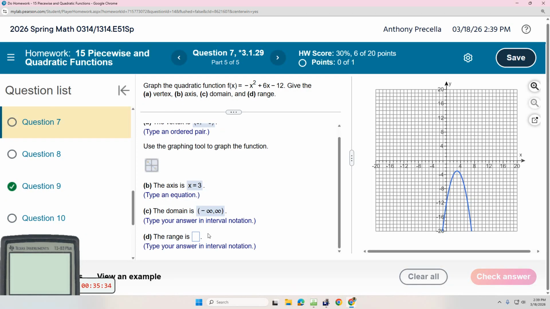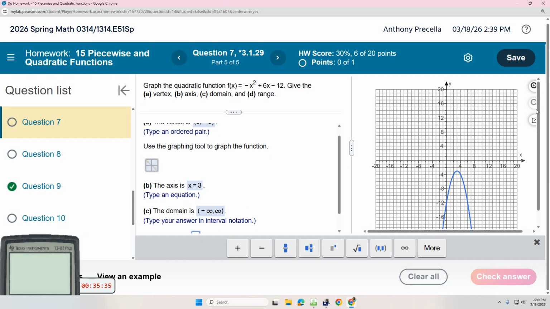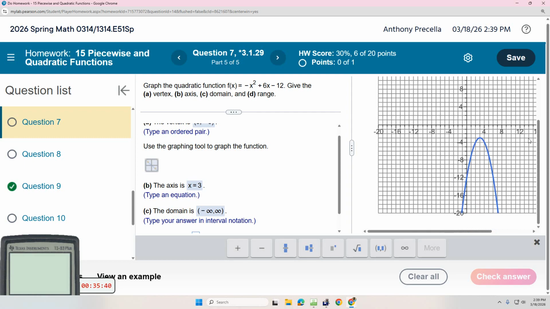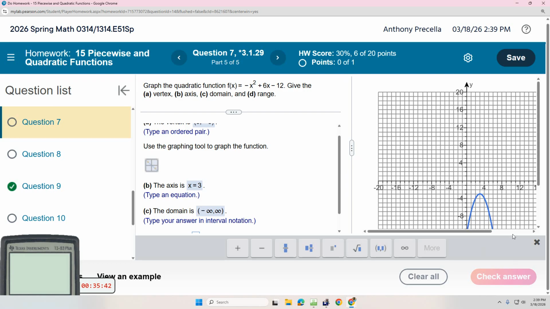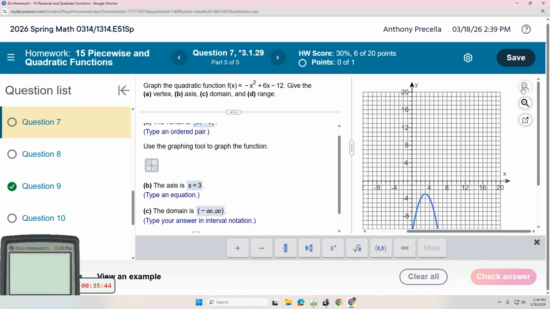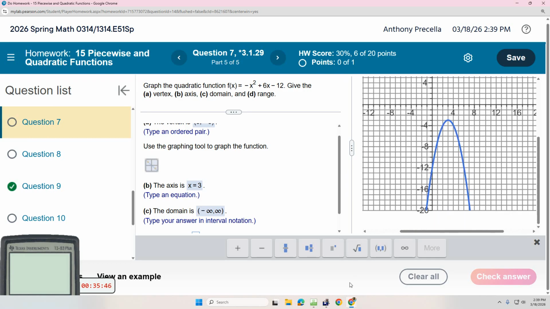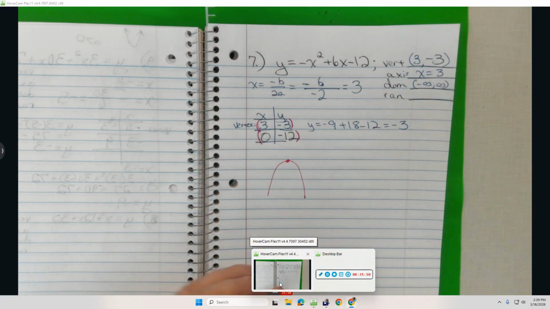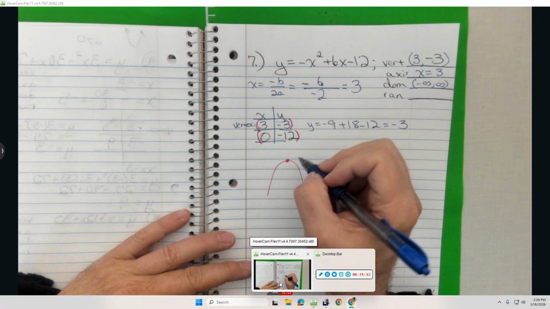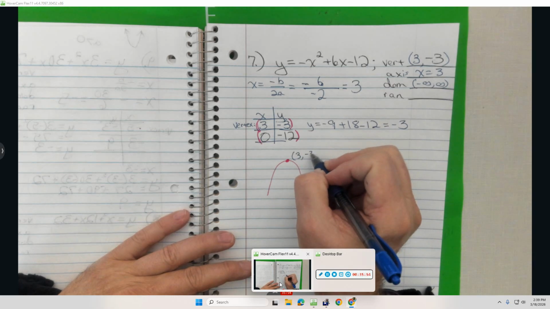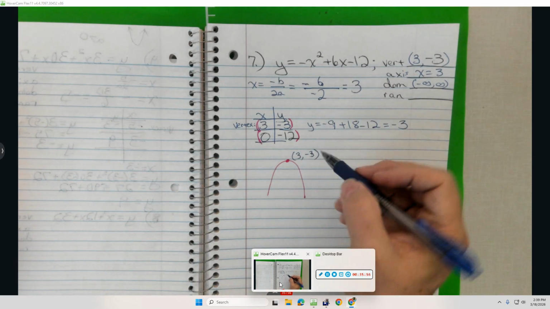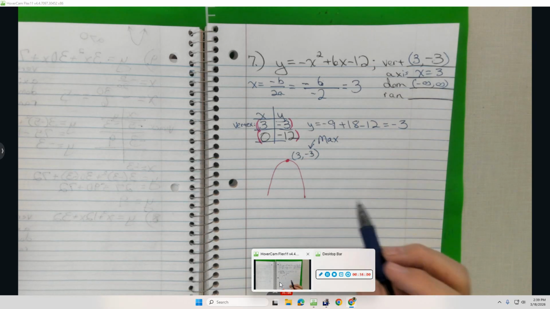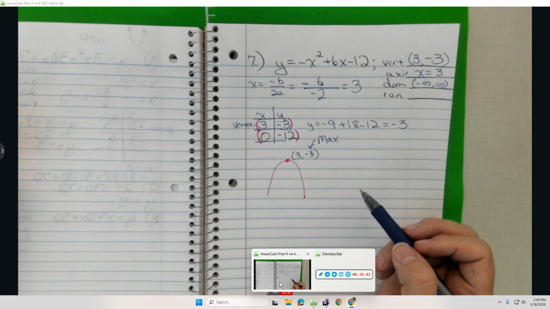And now the range. Let's see. Is my vertex a maximum or a minimum? It's a maximum. It's the highest point on the graph. So here's my logic. The vertex is at 3, negative 3, and it's a maximum, so that negative 3 is the biggest y value there is.